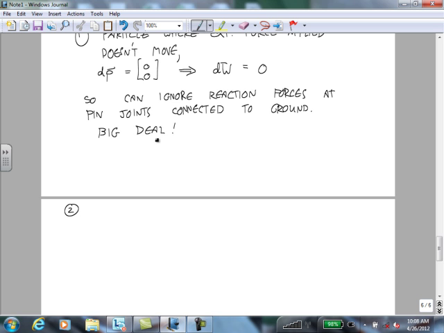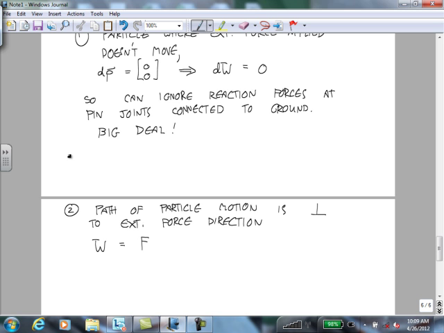Okay, so if the path of particle motion is perpendicular to the external force direction, then the work is equal to this dot product, and it's equal to zero. Okay, so this isn't going to be quite as useful as the first one, but this is going to come up a lot.